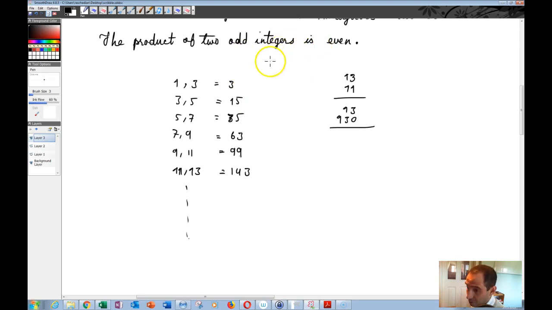Based on what you can see here, which is of course not enough, if you want to actually say that this statement is always false, it seems to be always false, meaning that whatever odd integers you multiply together, you get odd integers.